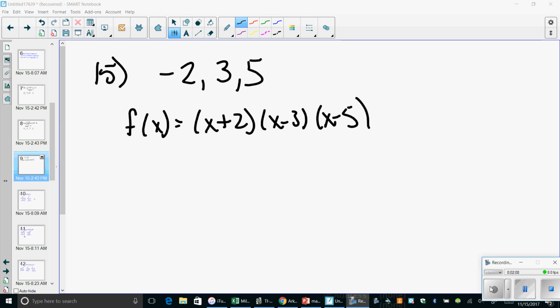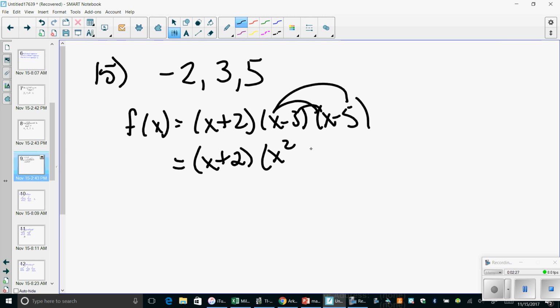All right, so we've got the 3 factors, and we have to multiply them together. It really doesn't matter which 2 you multiply together first, but since these both have a minus, I'll do those. X minus 3 times x minus 5 will be x squared, and then I'd have minus 5x and minus 3x. That makes minus 8x, and then plus 15.